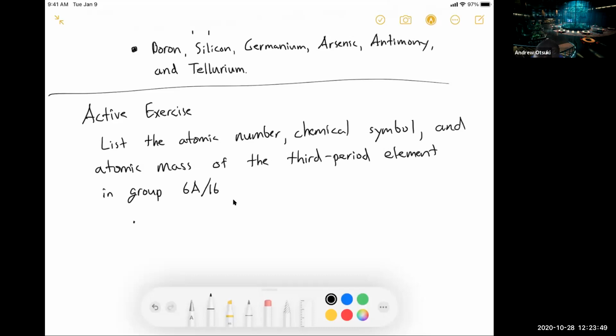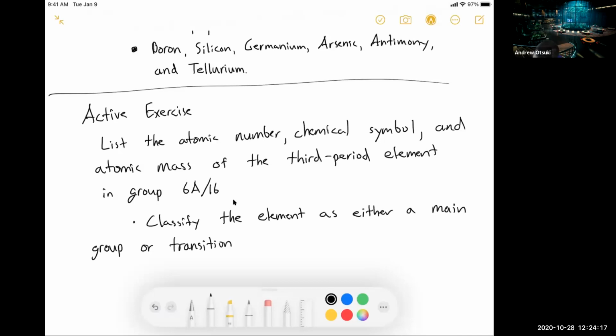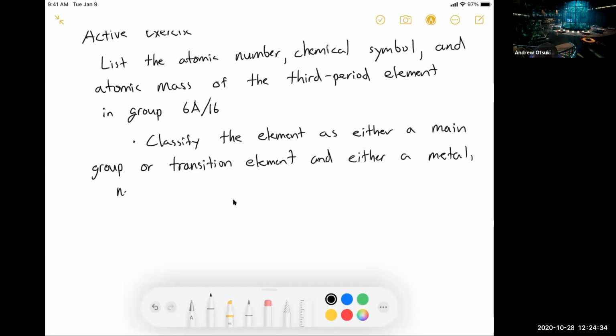In addition, classify the element as either a main group or transition element, and either a metal, non-metal, or metalloid.